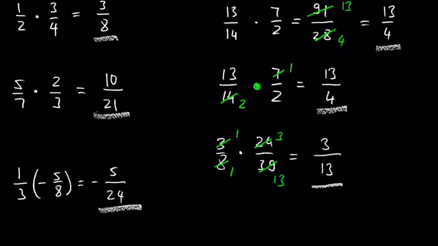If we didn't simplify at the beginning, we would multiply 3 times 24 and 8 times 39, which is much more complicated to do. Without simplifying at the beginning, we end up getting 72 over 312. 72 divided by 2 is 36, and 312 divided by 2 is 156. 36 divided by 2 again is 18, and 156 divided by 2 is 78.